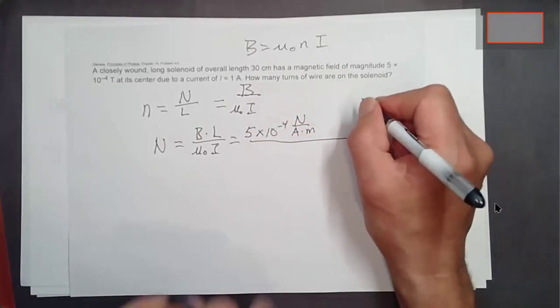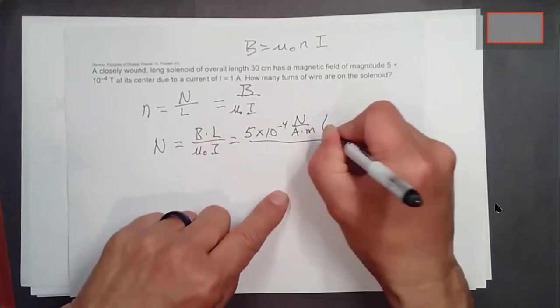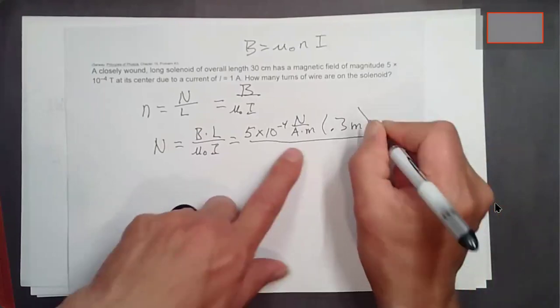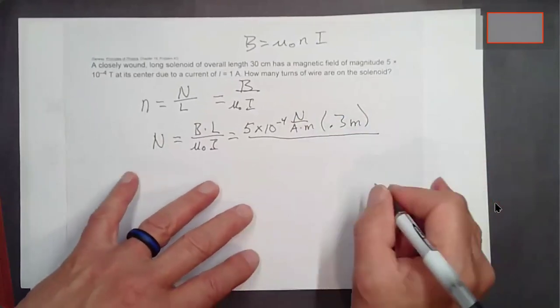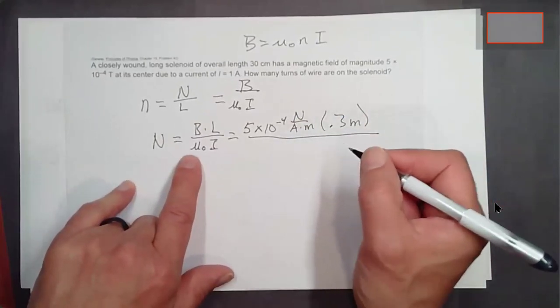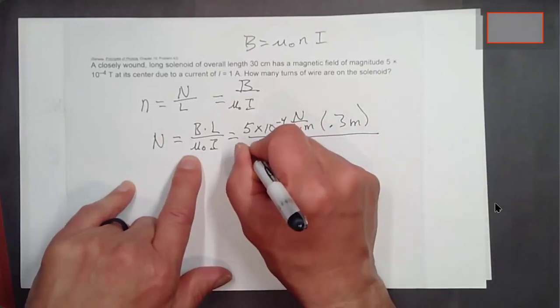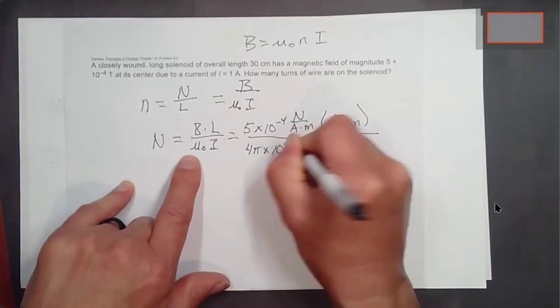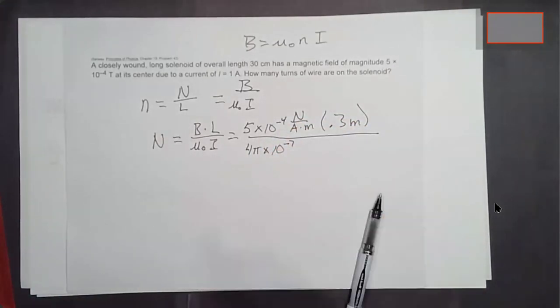And then I've got the length of this thing, which is 0.3 meters. So the meters will go away and I'll have newtons per amp. And then let's see, mu naught, 4 pi times 10 to the minus 7th. Then I just forgot the units on that.